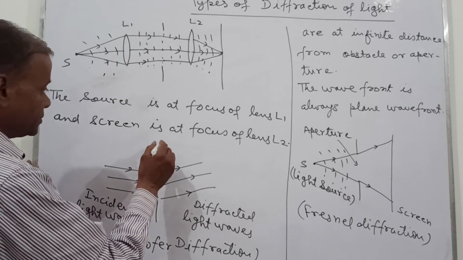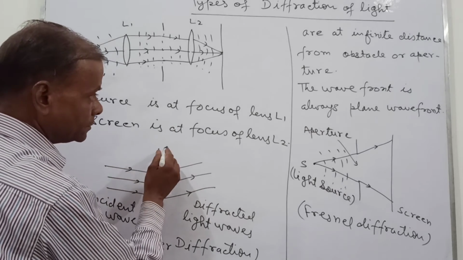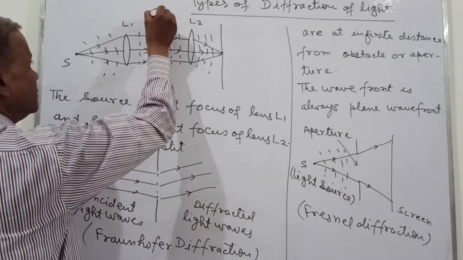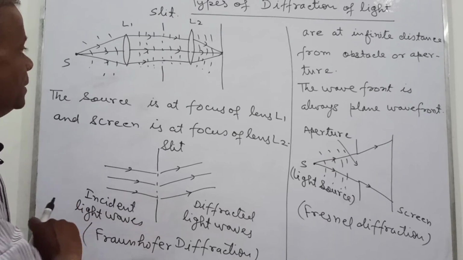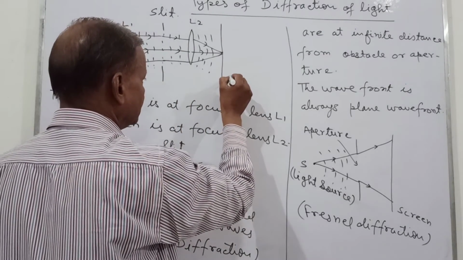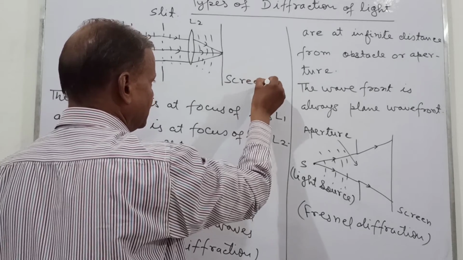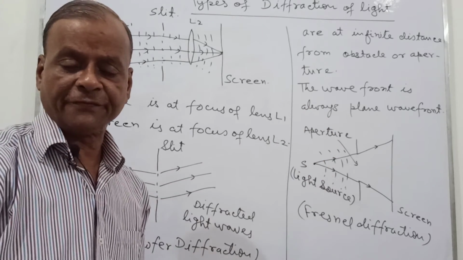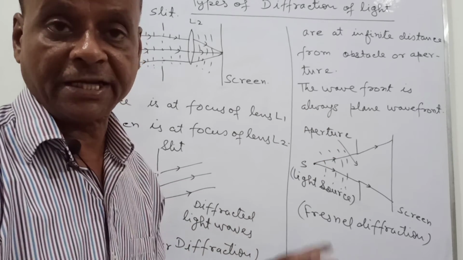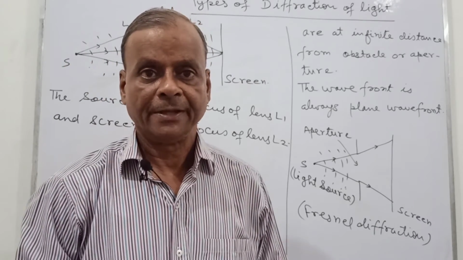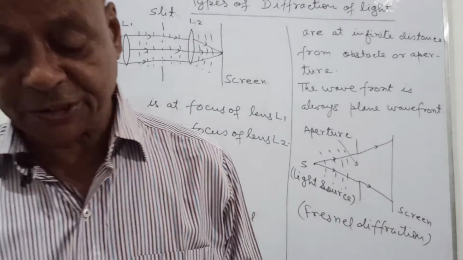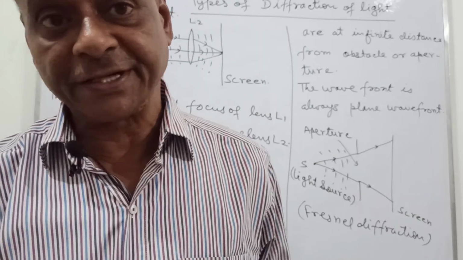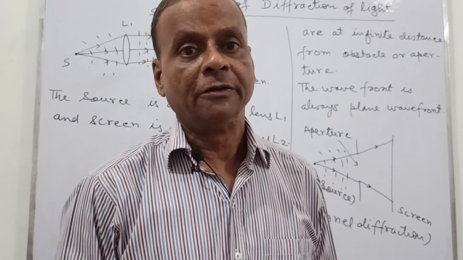So I have shown you the two arrangements. This is the slit or obstacle, and this is the screen. So this is the difference between the Fresnel diffraction and the Fraunhofer diffraction. This is the experimental arrangement of these diffractions. First, it was explained by Fresnel using the wave theory, and Fraunhofer diffraction was also explained on the basis of the wave theory.